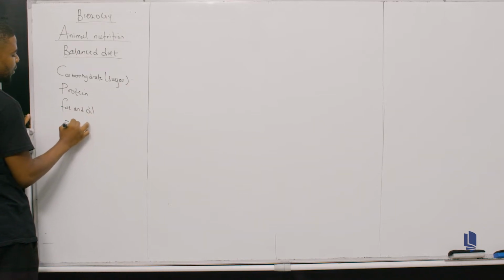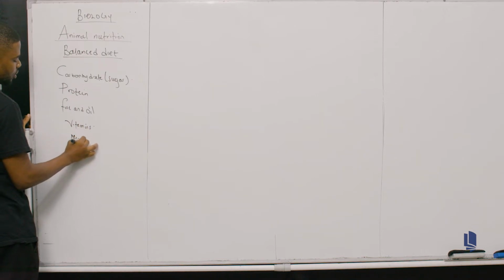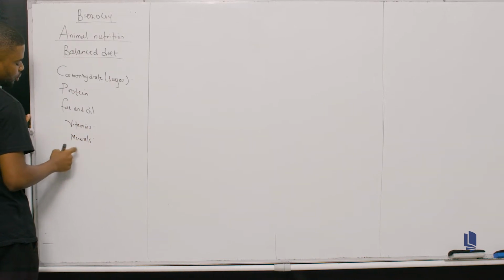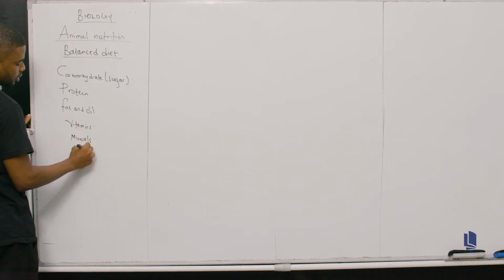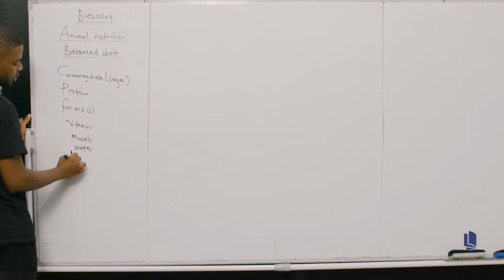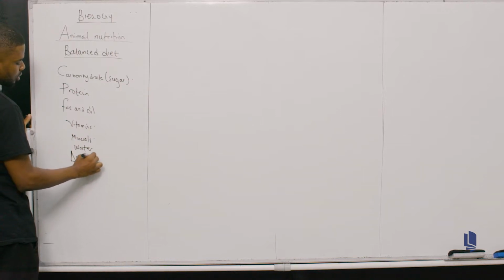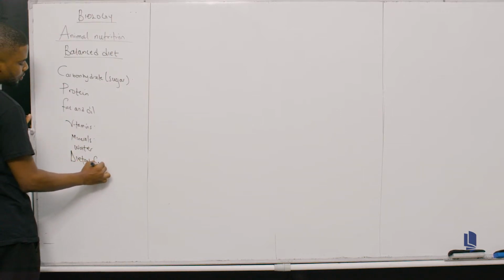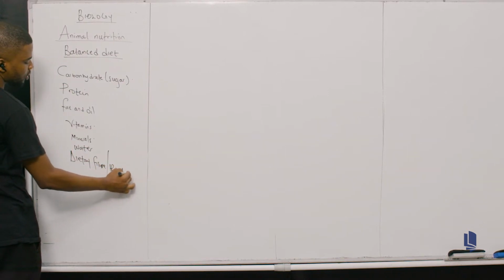Number 4, we got vitamins. Number 5, we got the minerals. Number 6, you got your water. And number 7, we call it dietary fiber, or some books tell you is roughages.